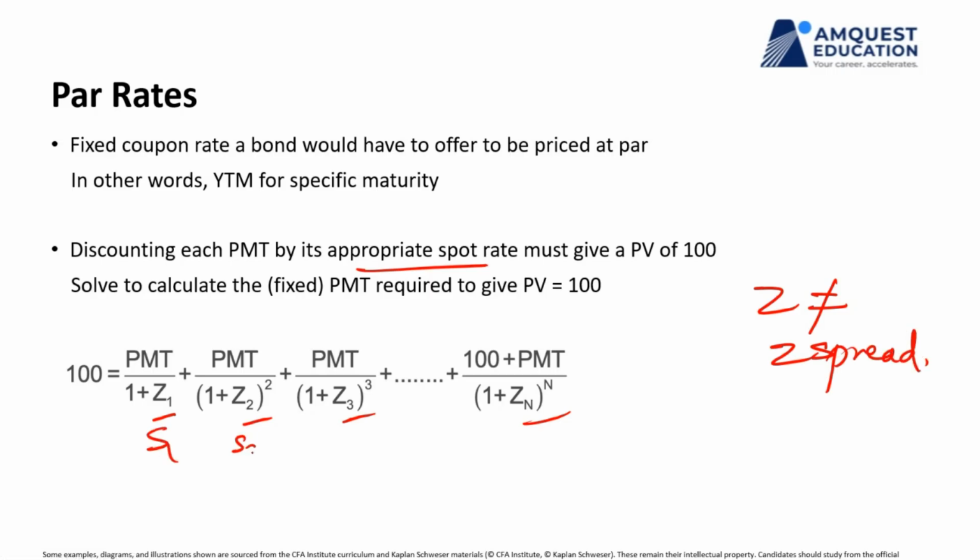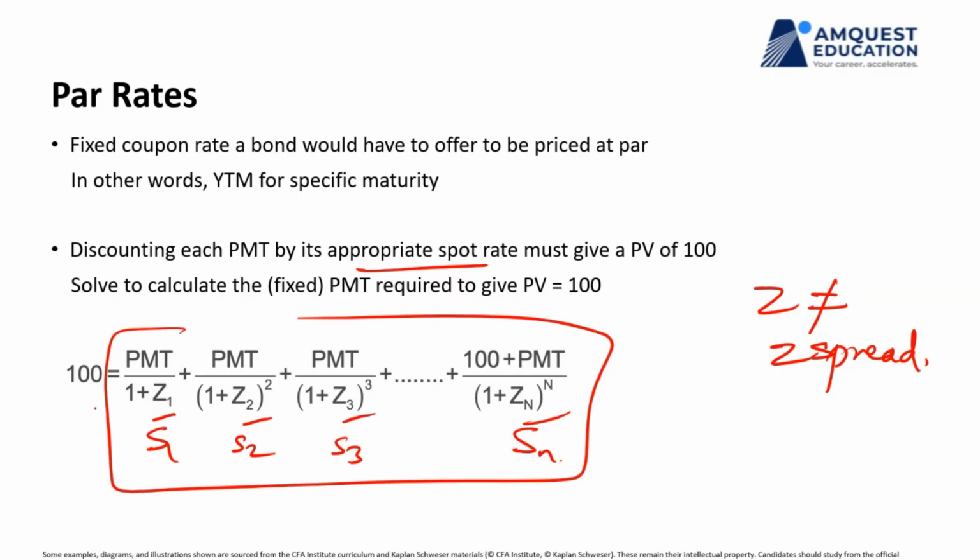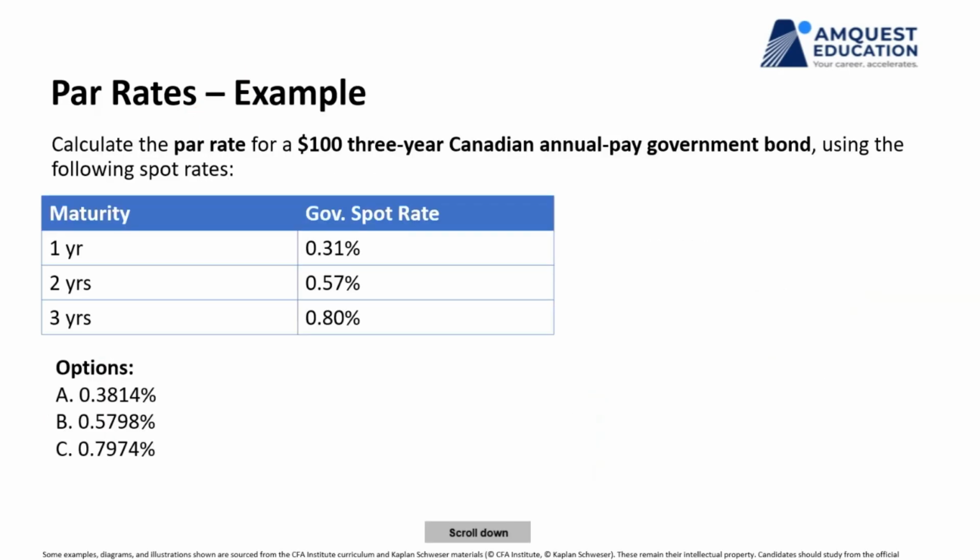You can call it S1, S2, S3, SN, spot rates, right? So the rates which will give you the equation equal to the face value, that is called the par rates. The word par rate means this will help the bond trade at a par value. Okay, so not too bothering as a concept. Not a lot of people generally quiz this.